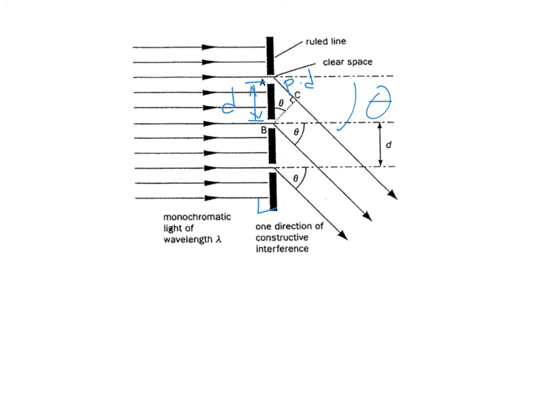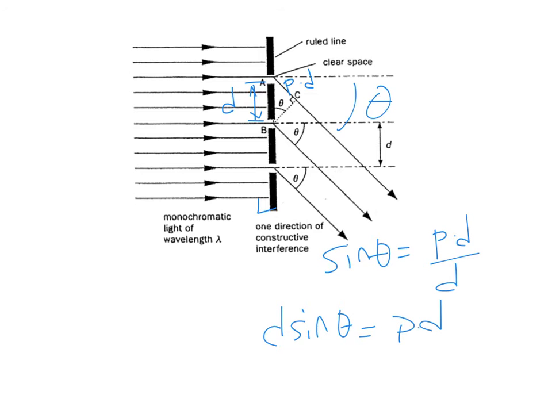So then we use trigo. Sine theta is opposite over hypotenuse, right? So sine theta is equal to path difference over d. Agree? So therefore, d sine theta equals your path difference.